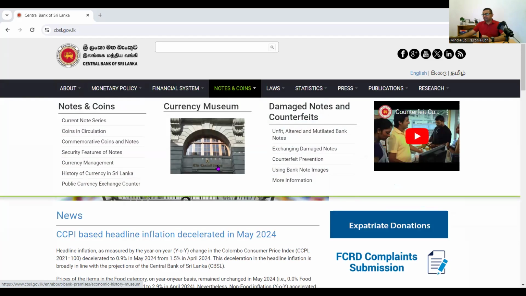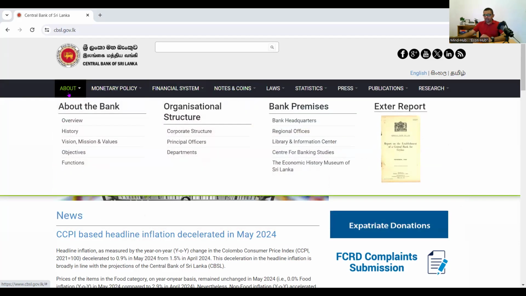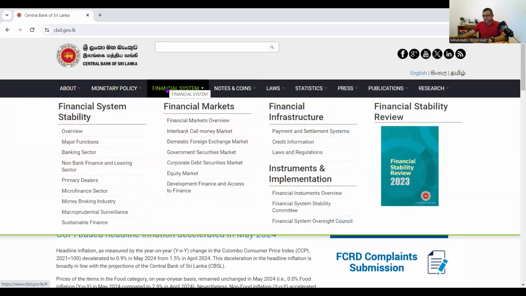If you look at the home page, where they talk about the central bank and what it does, even here they have given certain information that later on we will go through and try to understand, especially in money and banking, we need this information. Okay, just a quick guidance.